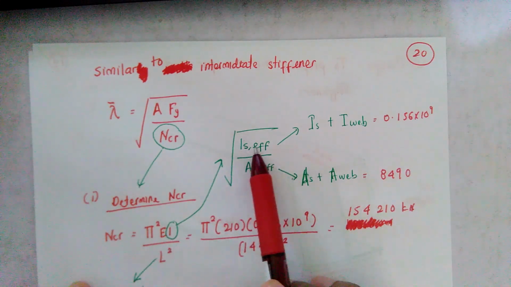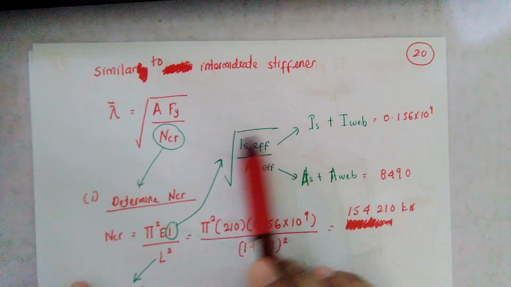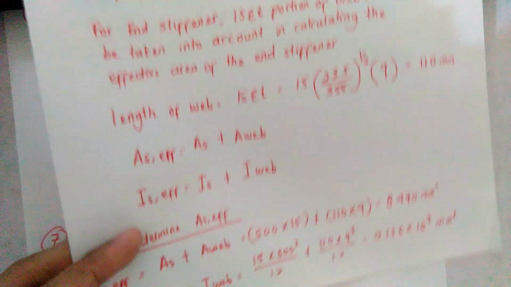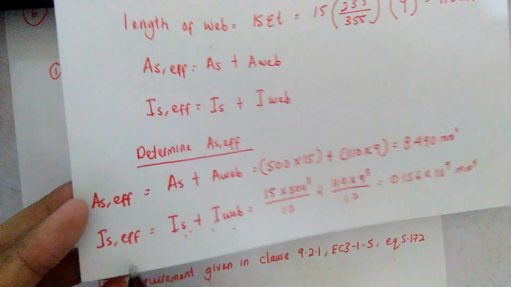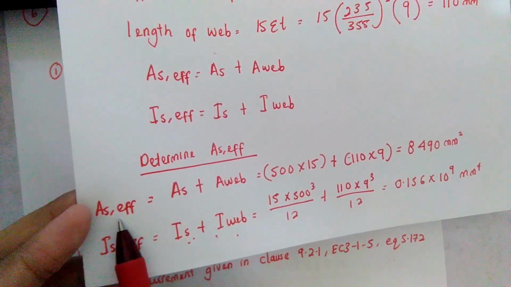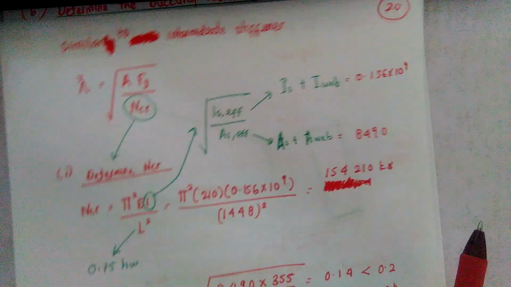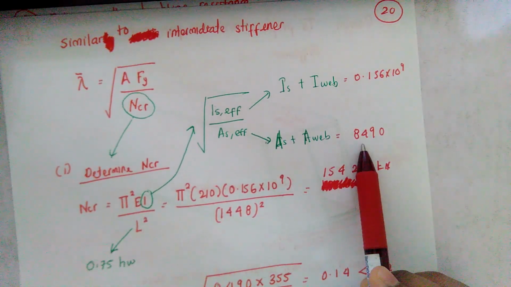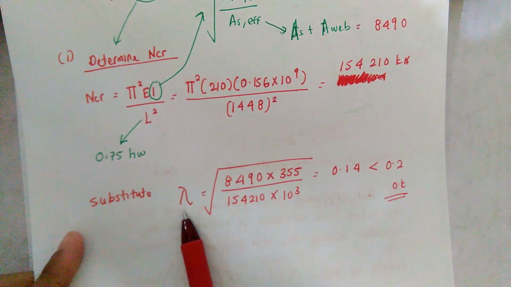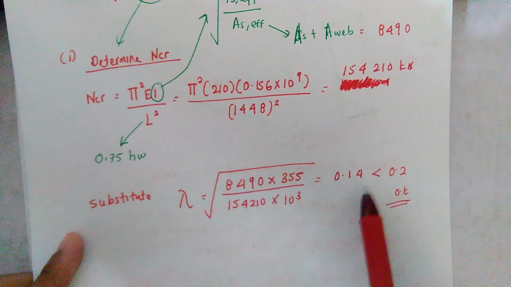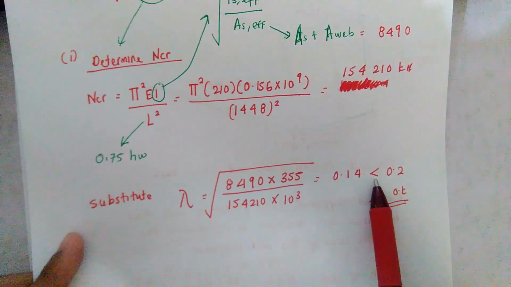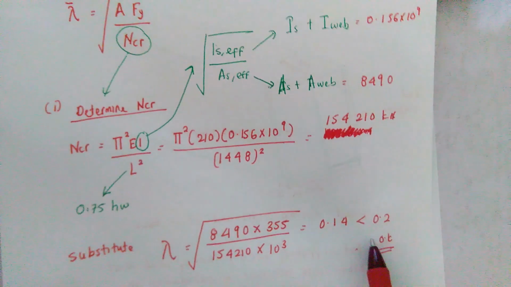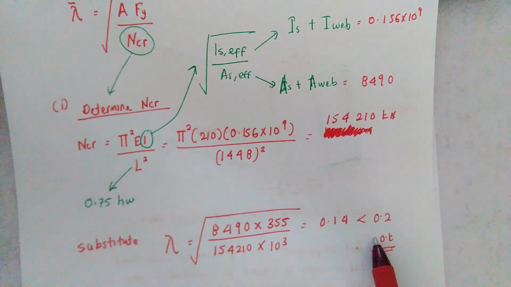So i is equivalent to Is,eff, which is the one that we calculated earlier, and As,eff we have calculated earlier. So here you get 0.156 over 8490. Substitute in the lambda all the parameters required. Finally, you get 0.14, less than 0.2. So it shows that your lambda is less than 0.2, then it's okay. All right.